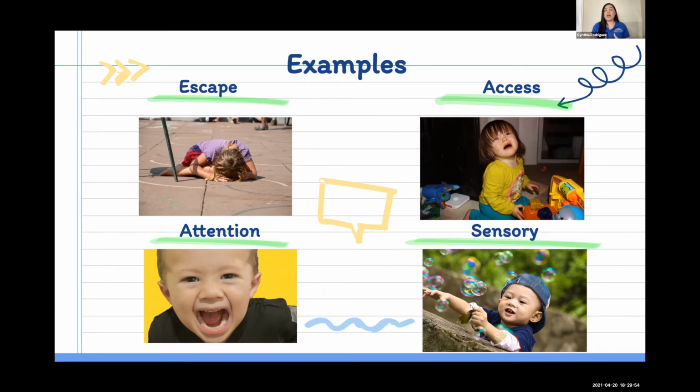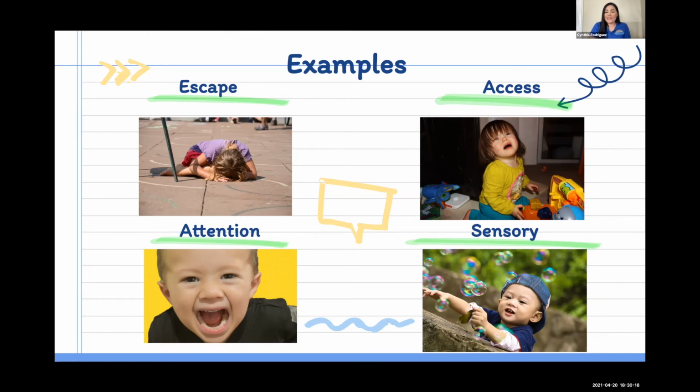Now we know what she wants and what she needs at the moment, and we'll respect that. In the other picture on top, we have a little girl that's crying because she wants a toy. So with her, we're going to replace that behavior with something as simple as pointing to let me know that this is the toy that I want. That way I could provide it for her.